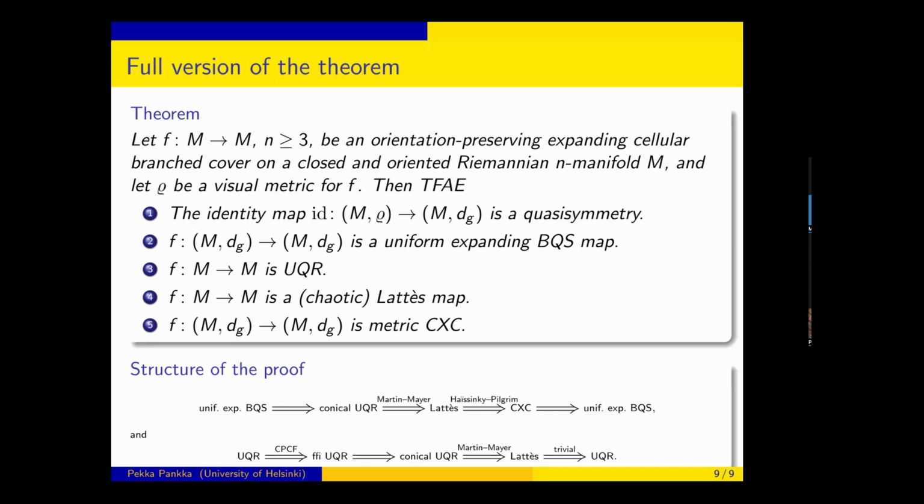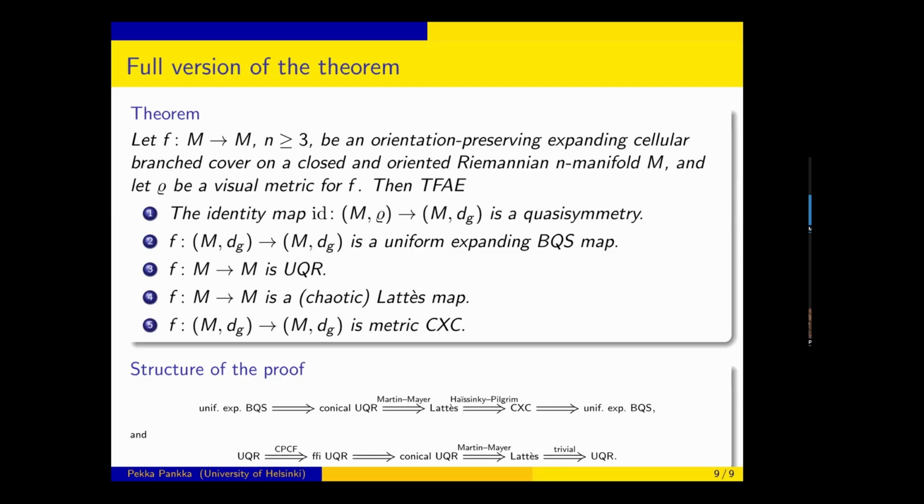But then comes the rigidity, which is the fourth, saying that the UQR maps actually are these lattice maps. And then in fifth, I wanted to add here the metric CXC condition of Haïssinky-Pilgrim, because that actually comes into the equivalence in a natural way.